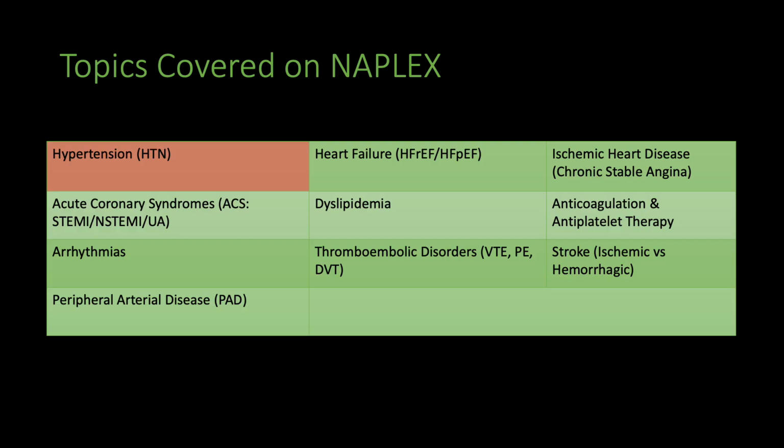Do you know what the anticoagulation therapy is? I mean, what is used to monitor anticoagulation? When do you use INR versus any other type of test? So you need to know all of that.